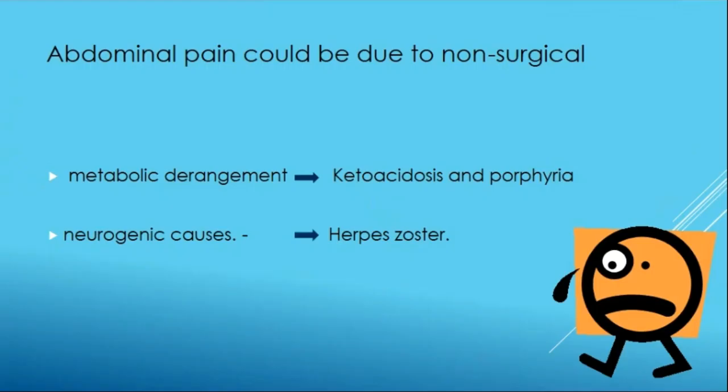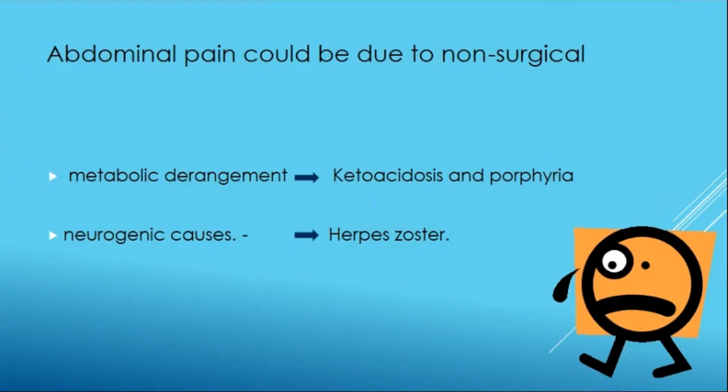Lastly, but not least, abdominal pain could be due to non-surgical things that you have to keep in your mind, and I have given a couple of examples here. Sometimes diabetic patients, the ketoacidosis patients, might come with diffuse abdominal pain. If we don't keep that in mind, we might misdiagnose the patient. In the meantime, herpes zoster, right? They will get neuralgic pain on one side, along the distribution of a particular nerve.